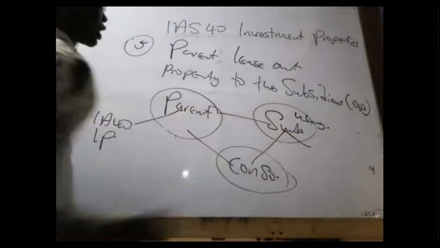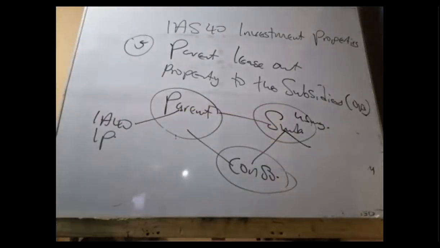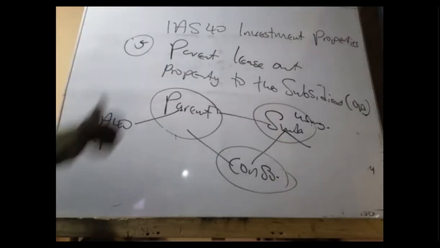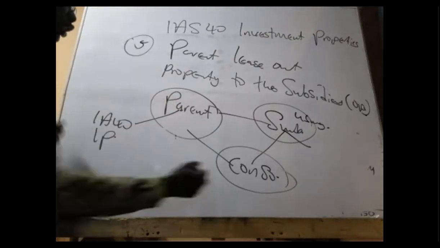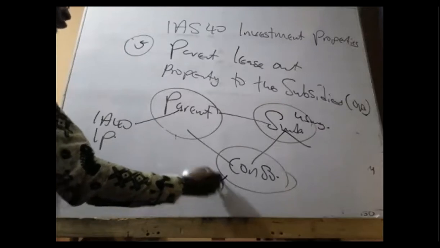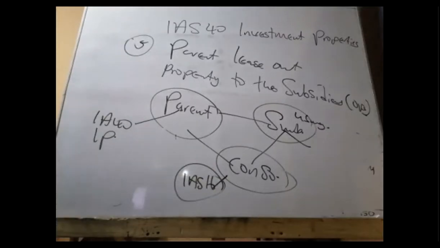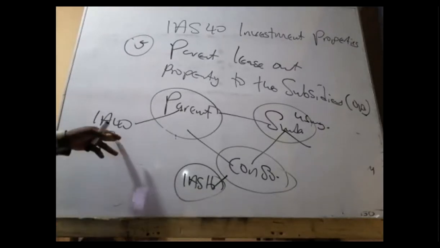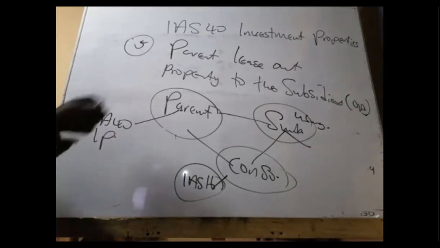In the subsidiary's book, you account for it as rental, public rental expenses. Good. But in consolidation, it is what? IAS 16, owner occupied. So take note that in consolidation, we will never agree that asset should be accounted for under investment property. That's IAS 40.